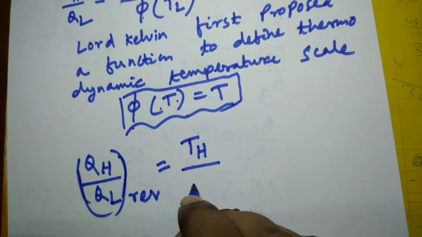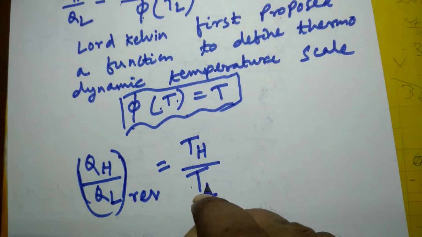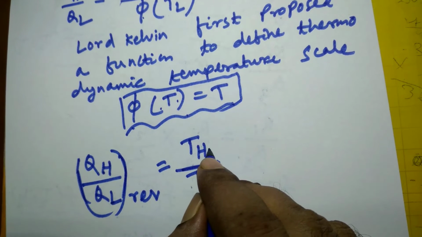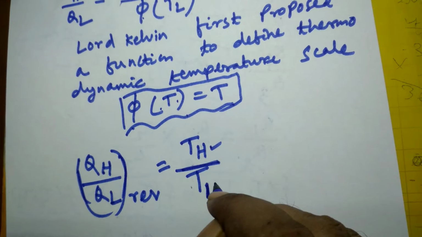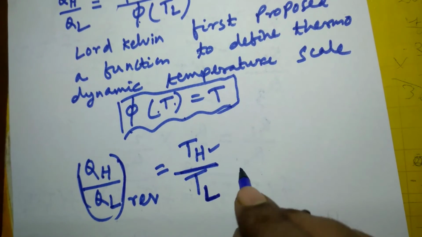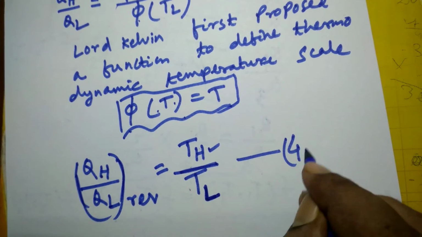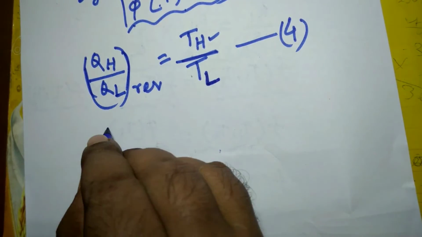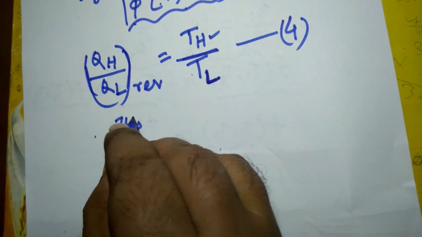So in place of phi TL, I will write TH upon TL, where TH is the absolute temperature of the source in terms of Kelvin and TL is the absolute temperature of the sink in terms of Kelvin. So this is your equation 4. And this temperature scale is called Kelvin scale.